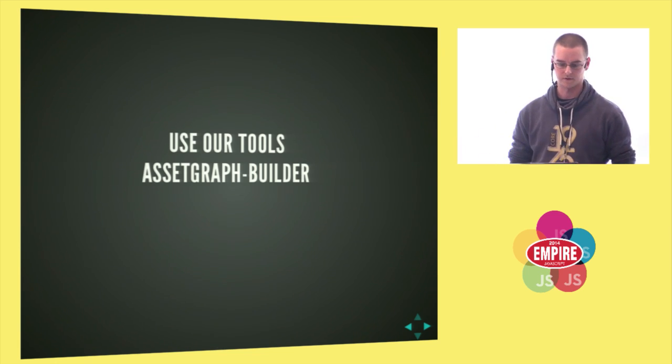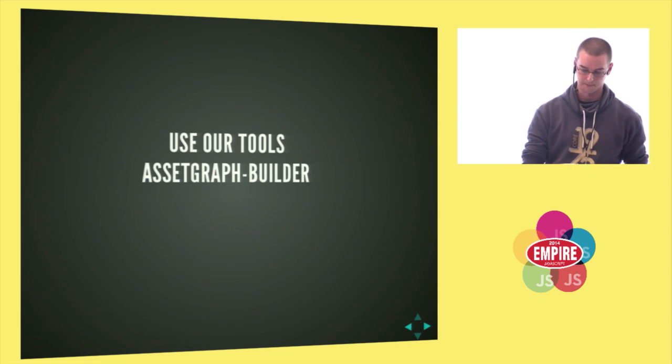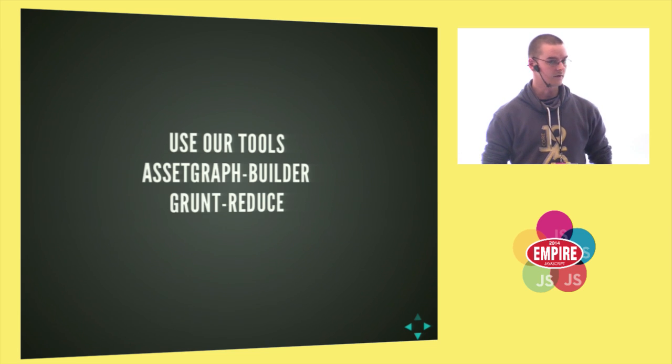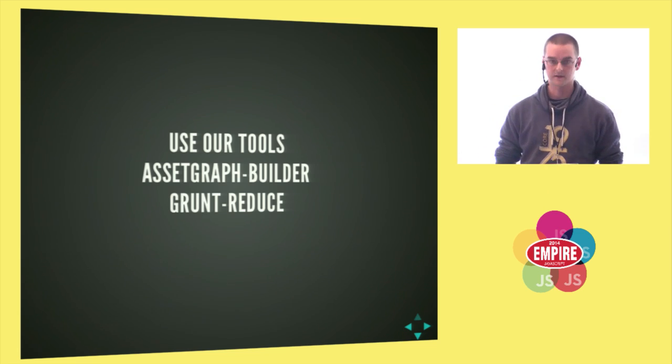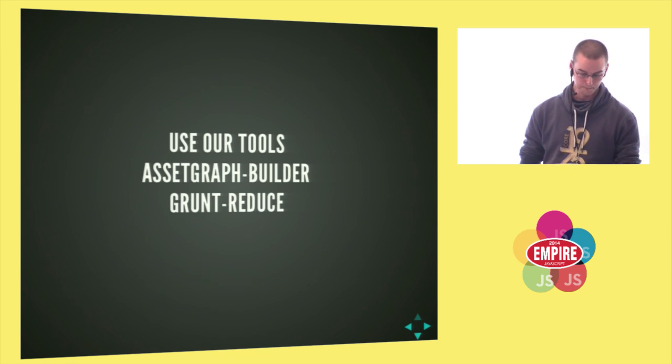That's basically our target. You can also build multi-page web applications with it. It has a grunt wrapper, so all of you guys running grunt, you can just run grunt reduce instead, which also takes a very minimal configuration and basically does all the work for you by automation.